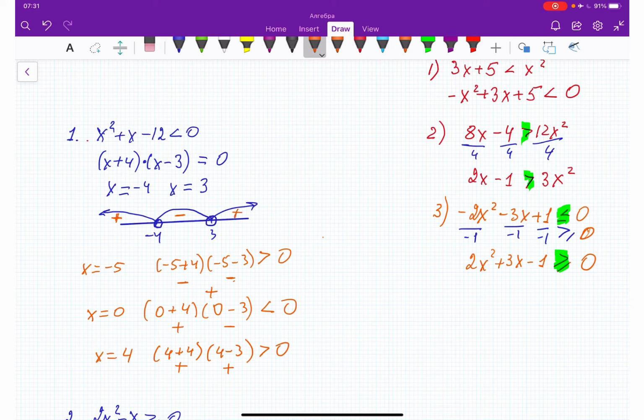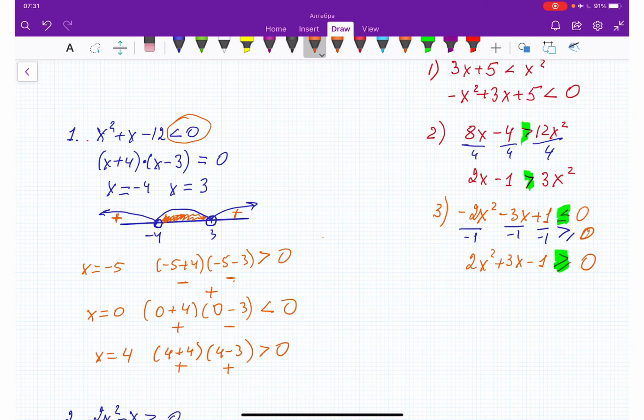Now, our original inequality requires less than 0, which is negative, which means the solution is going to be this part. Okay? The solution is going to be this part. Less than 0.